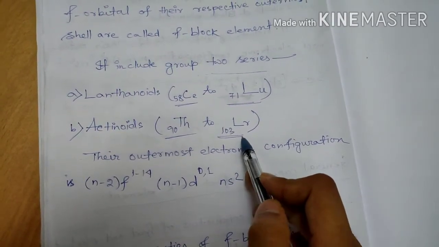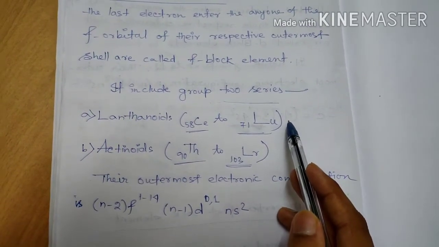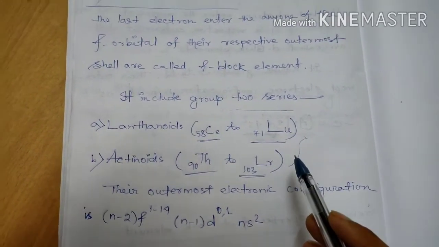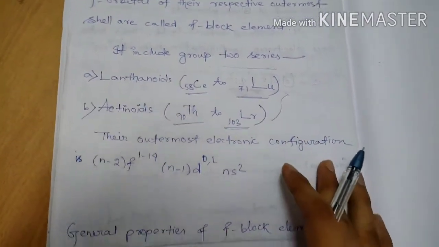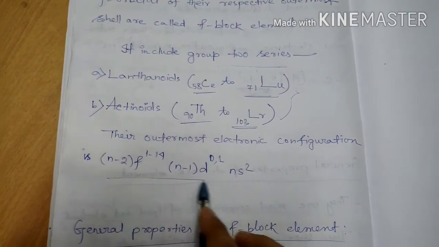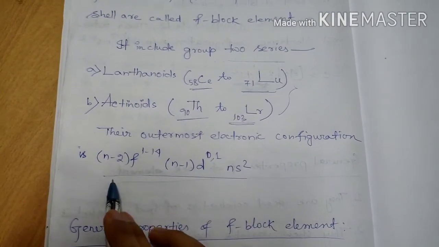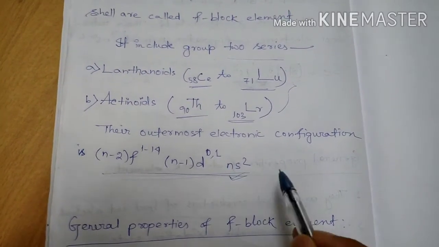These two series include the f block elements, and their outermost electronic configuration is this one.